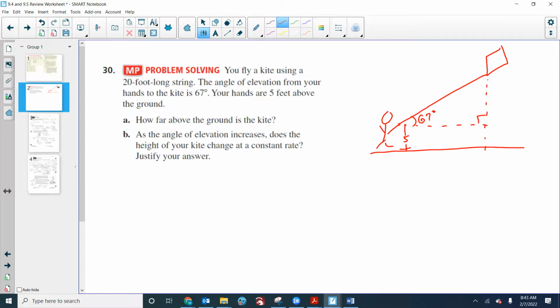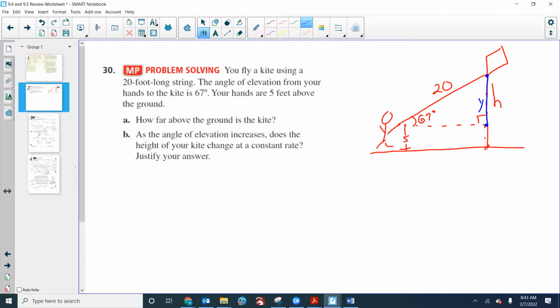So, let's call h the total height above the ground, and let's call y the height in that triangle. We'll call y that blue length within that smaller triangle.